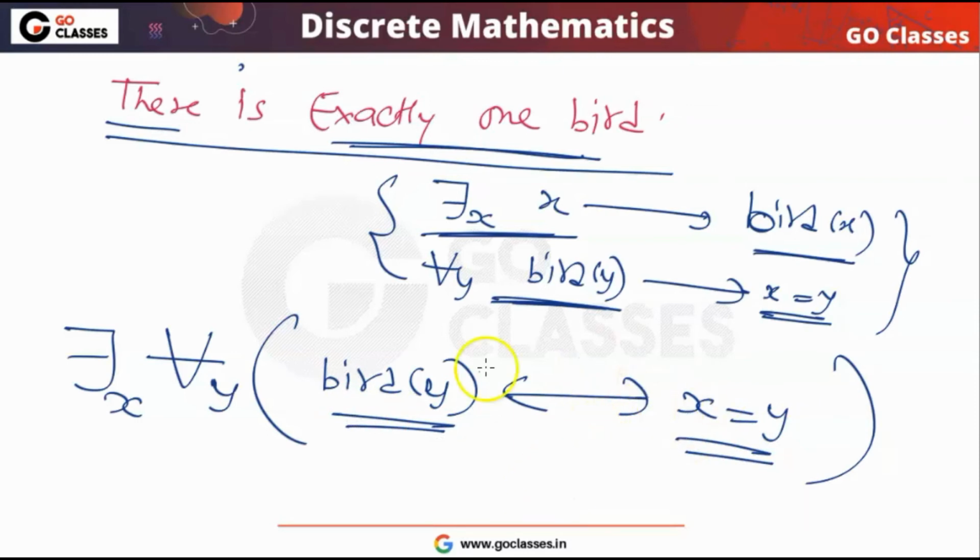See, this is if and only if, which means that when y is x, then it must be a bird. So there exists x, it must be a bird, and for all y, whenever y is a bird, then it must be equal to x. So this is the point: there exists x for all y, y is a bird if and only if x is equal to y.